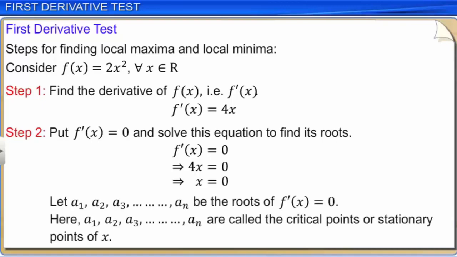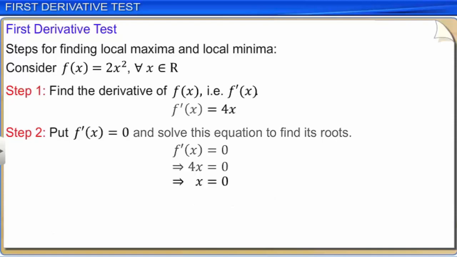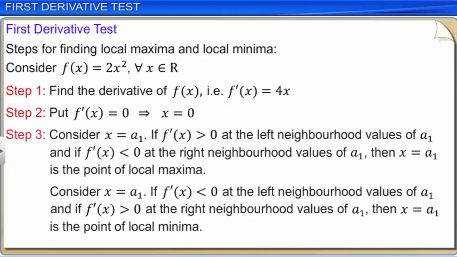At these critical points, we find the local maxima or local minima of the function f by observing the behavior of the function in their small neighborhood. If the derivative of f is positive at the left neighborhood values of a1, and if the derivative of f is negative at the right neighborhood values of a1, then x is equal to a1 is the point of local maxima.